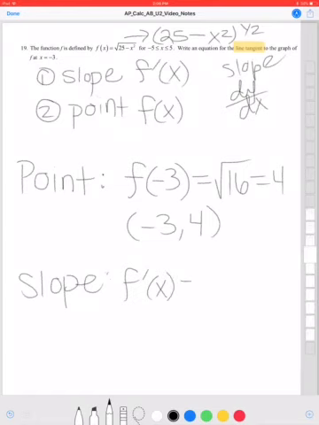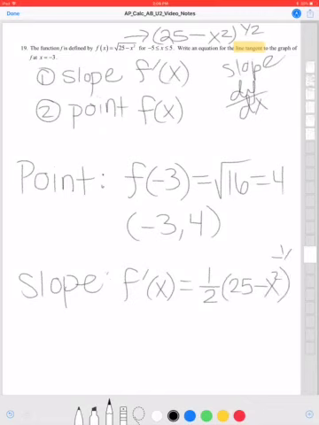So f prime, bring the 1/2 to the front. (25 minus x squared) raised to the -1/2, times the derivative of the inside, which is -2x. Don't forget about that negative.